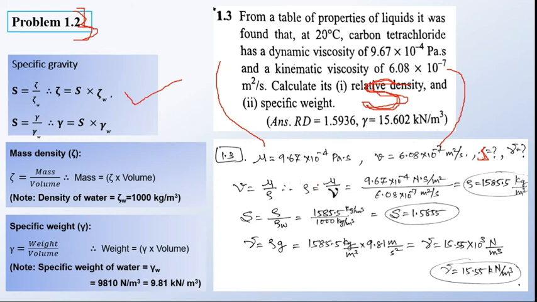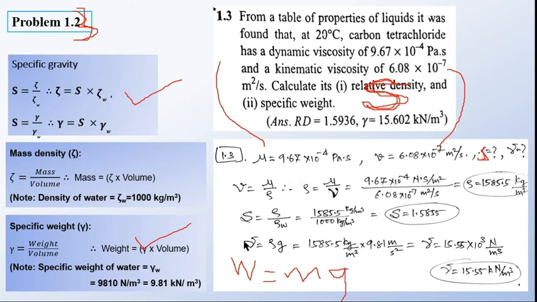Okay, next they have asked is gamma, specific weight. Again, I know from this equation specific weight is equal to rho into g. That equation I have not written, but weight is equal to mass into acceleration due to gravity. Now we know this equation. W is equal to m into g.